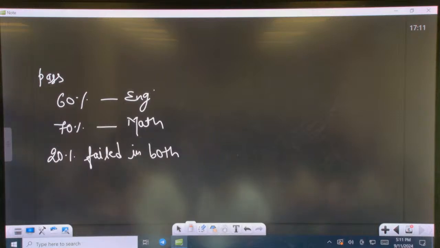Find the number of students appeared in the exam.